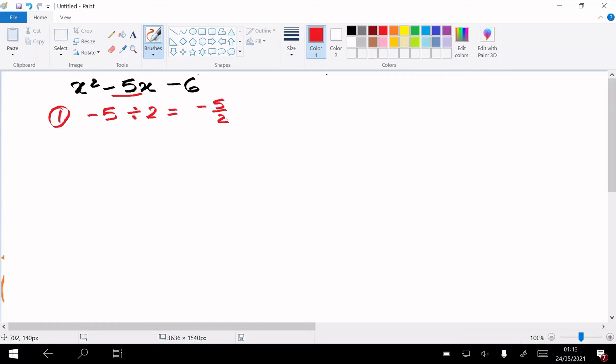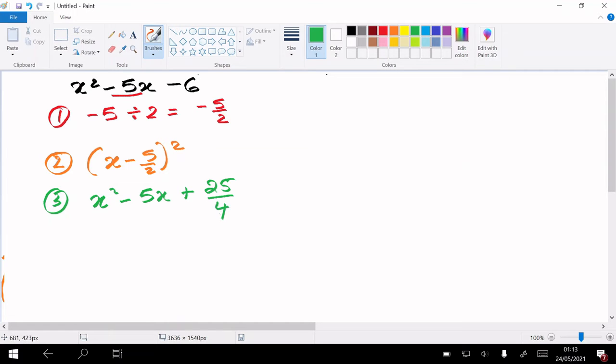The second step was to write it in a square. So that would be x minus 5 over 2 whole squared. Third step, expansion. So that would be x squared minus 5x plus 25 over 4.